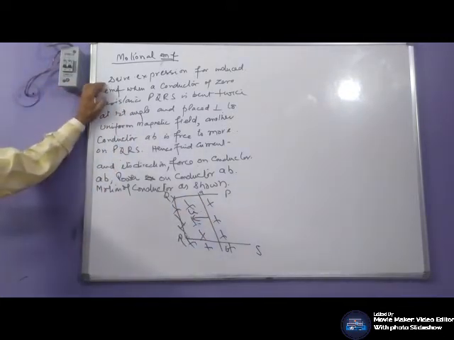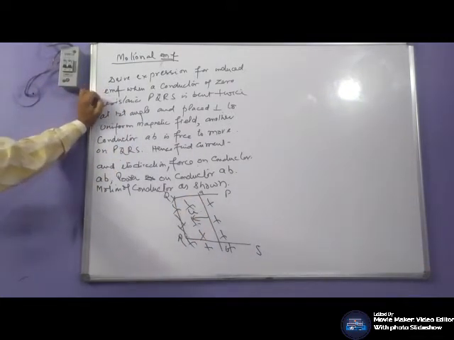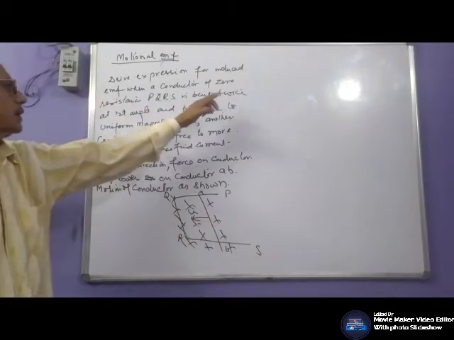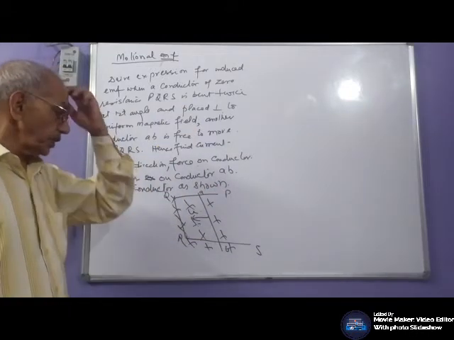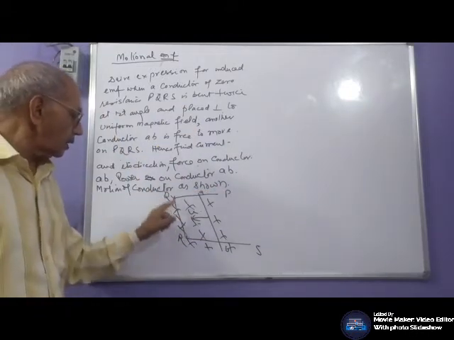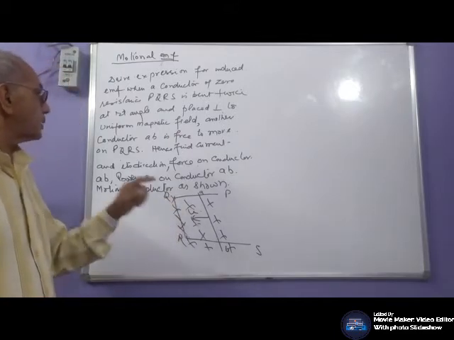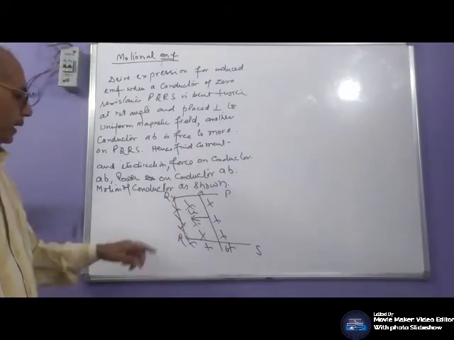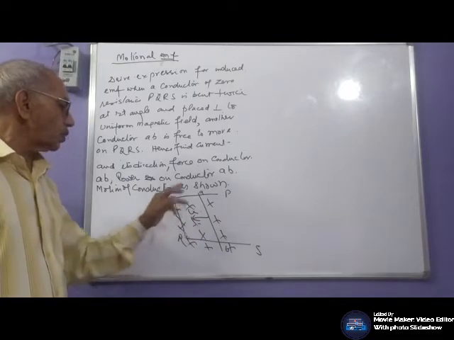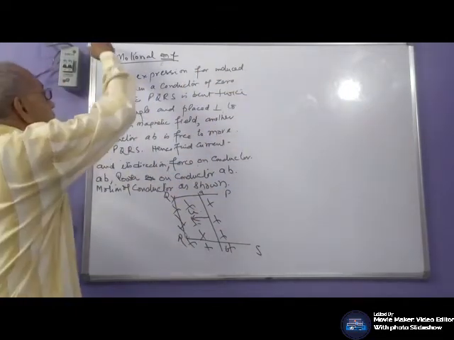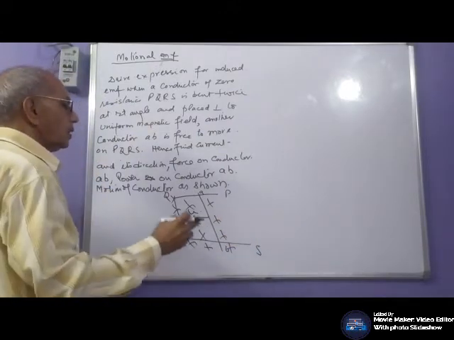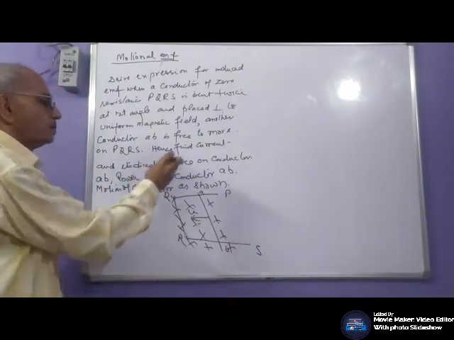Again the question: derive an expression for induced e.m.f. when a conductor of zero resistance PQRS is bent twice at right angle. ये PQRS है conductor. ये bent है twice at right angle. Q and R. It is bent here and placed perpendicular. ये cross जो है field है इसमें perpendicular. यानी ये समझिए ये PQRS conductor है और B कहाँ है अंदर.